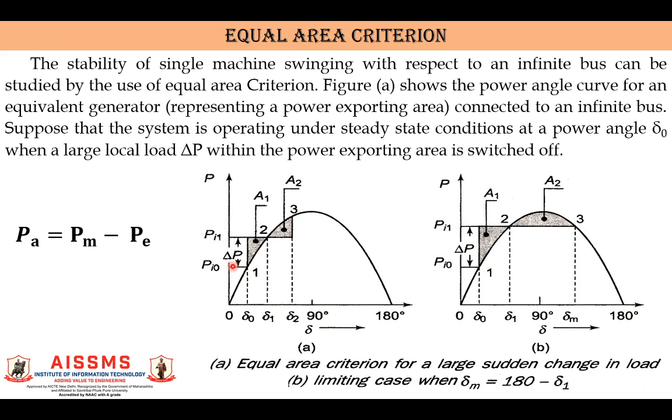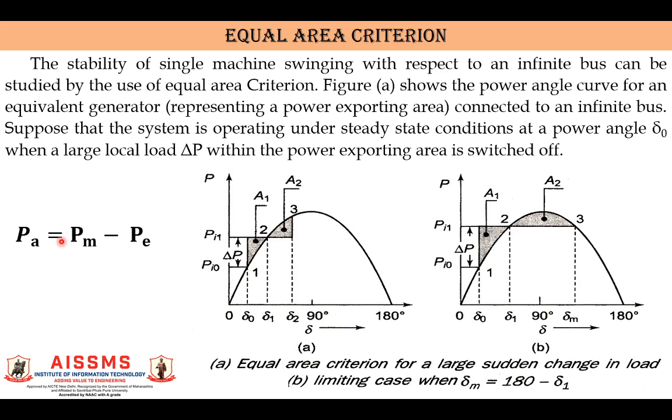Let us say delta P is the change in the mechanical input, and the mechanical input changes from PI0 to PI1. Here the mechanical input changes, but the electrical output doesn't change instantaneously. It will take some time.